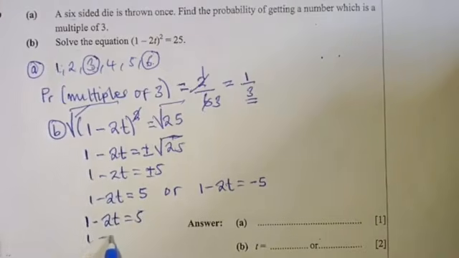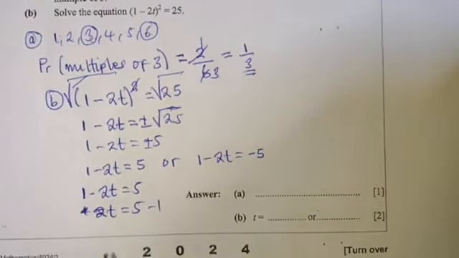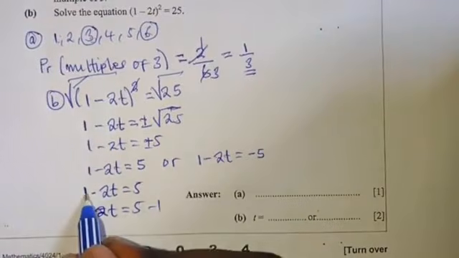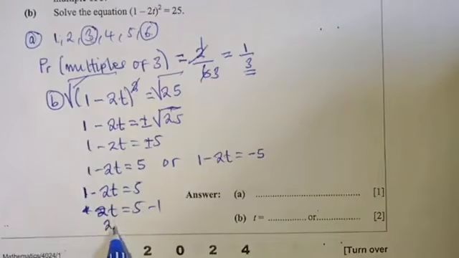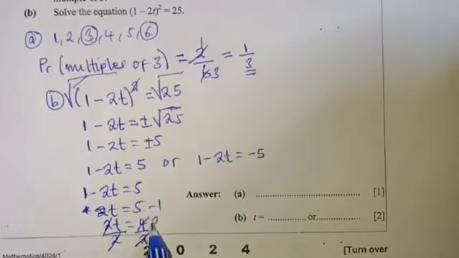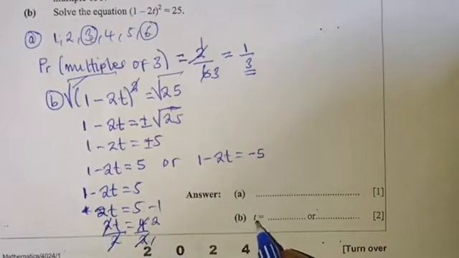So 2t is equal to 5 minus 1. I hope you are following. The 1 has gone to this side, so we have 2t equal to 5 minus 1, which is 4. I'll divide by 2, divide by 2. So this 2 and this 2 cancel. 4 divided by 2 is 2. So the first value of t is equal to 2.